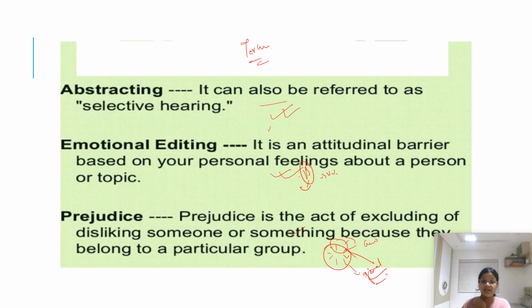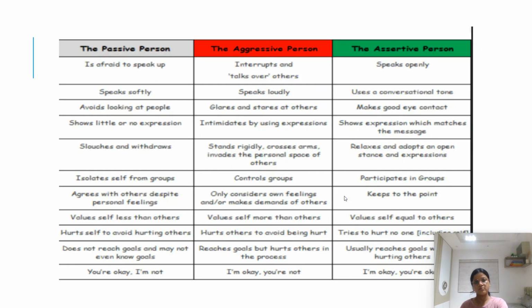So that is prejudice. Means you are disliking someone because he belongs to that particular group. So that is a pre-assumption about someone. Am I correct? So abstracting is selective hearing. Emotional editing is based on your personal feelings, and prejudice is about disliking someone because they belong to that particular group.